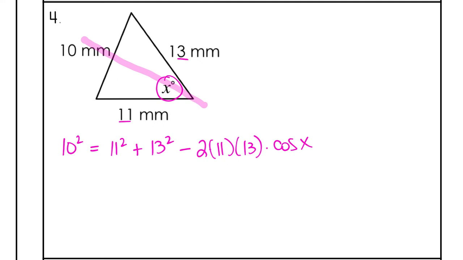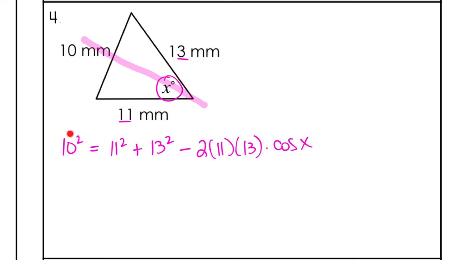When we are solving for a variable, we need that variable to be by itself. And right now, all of this junk is in front of it. So we need to move it all. So I'm going to do kind of like order of operations, adding and subtracting. That's the first thing that I'm going to move. So this 11 squared and 13 squared, they are both being added.